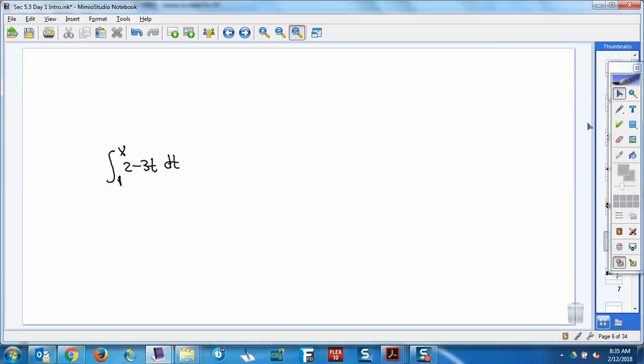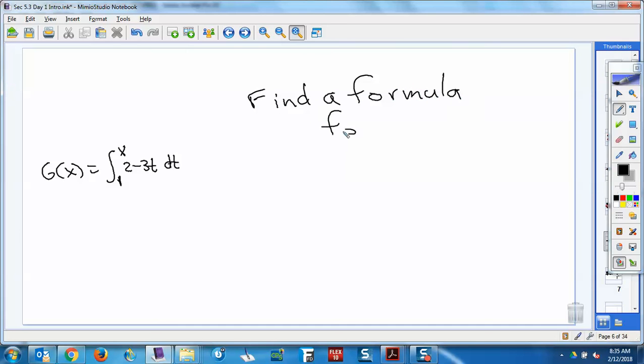Let's say I gave you this problem, and let's call it G, and I said find a formula for G.